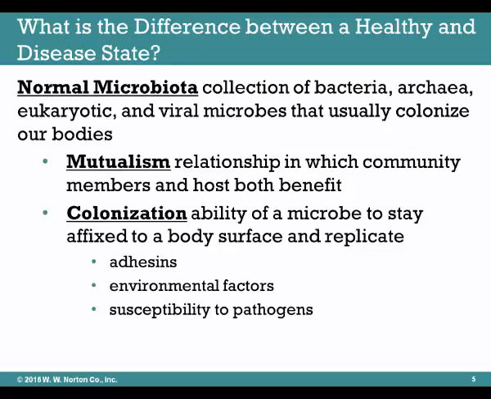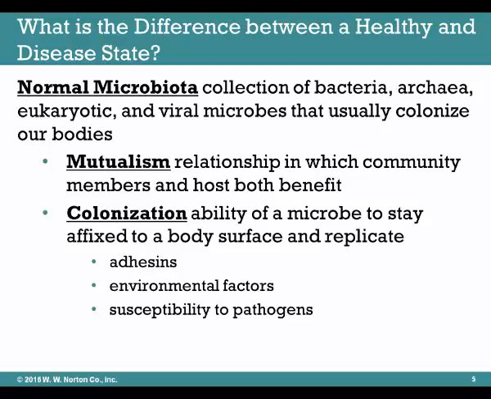So I always want to balance in this course your understanding of microbes in their pathogenic form, in which they do damage and cause disease, with those that are really beneficial to us. And so normal microbiota, we're now understanding from the Human Microbiome Project that it really is an indicator of the health of our body.